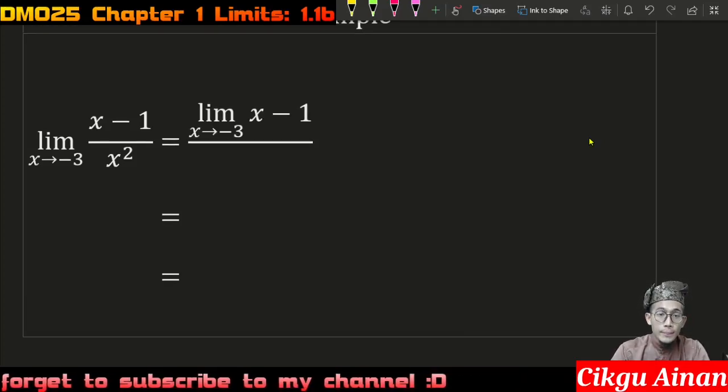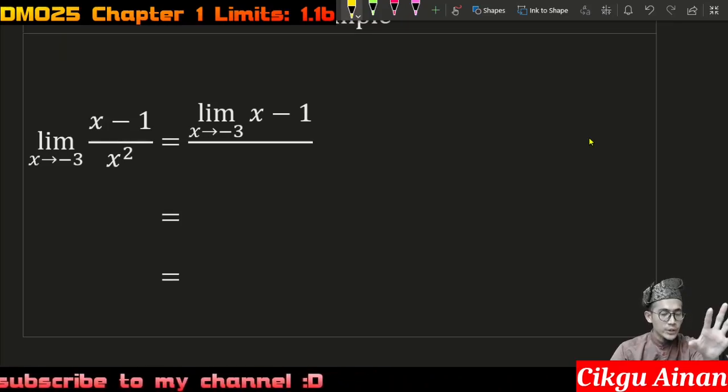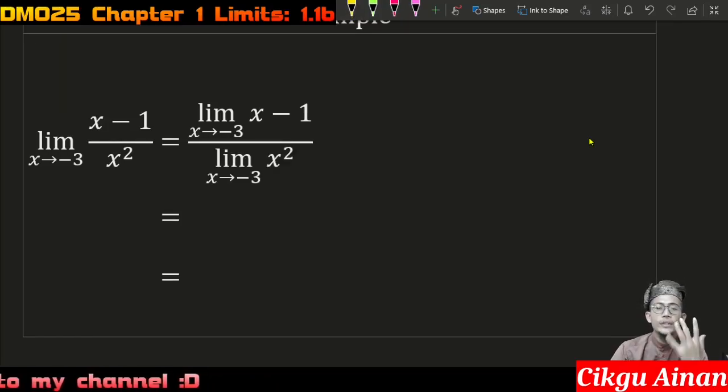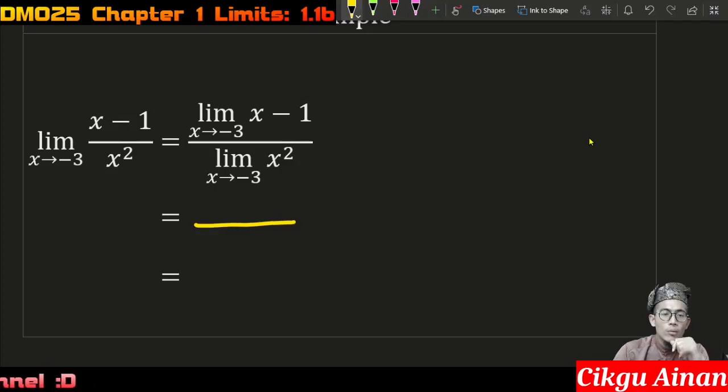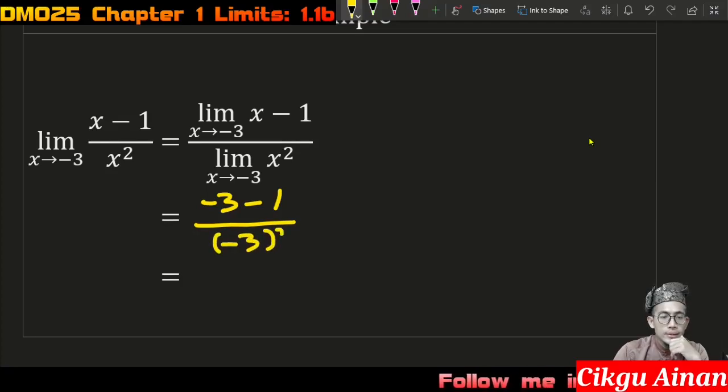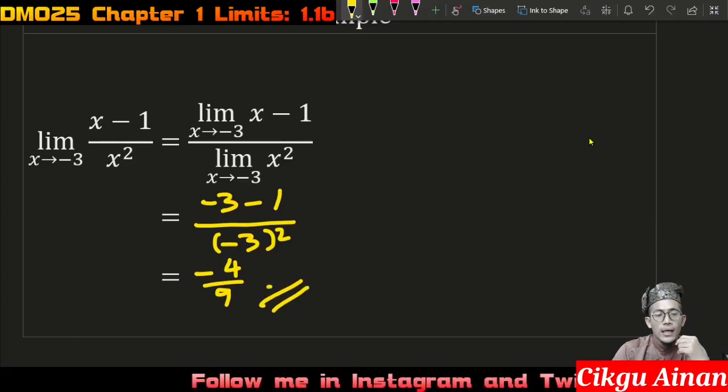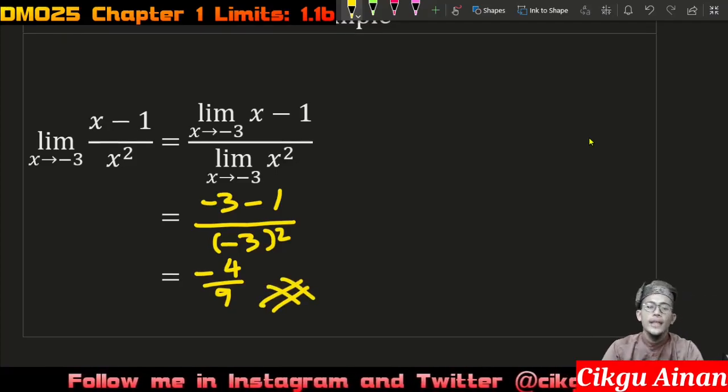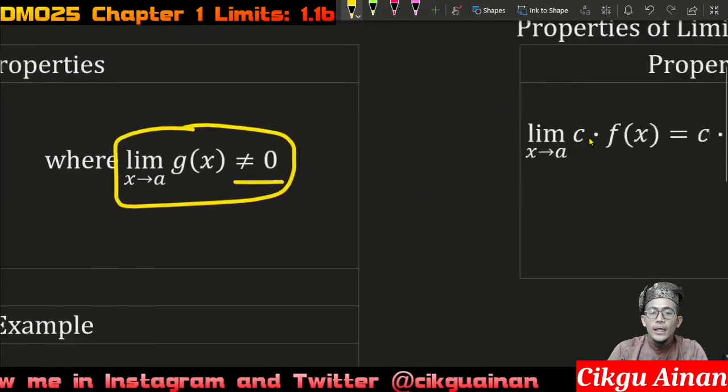So we separate them. We find the limit of the numerator and the limit of the denominator. Now what to do? This one, minus 3 minus 1. Down here is minus 3 squared. So it's minus 4 over 9. Settled.